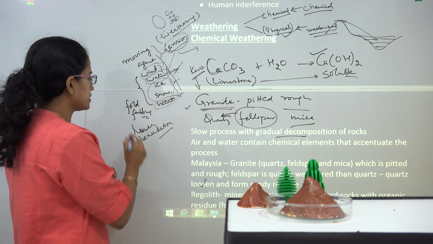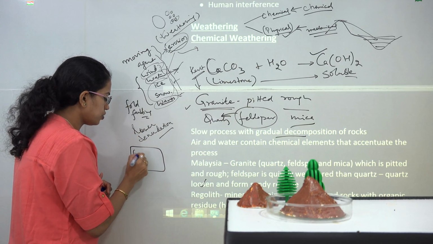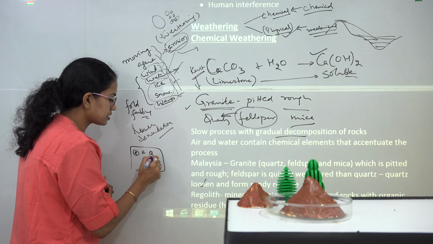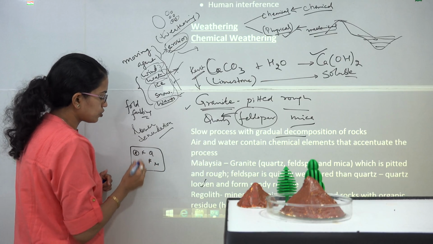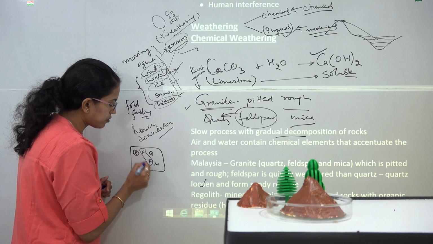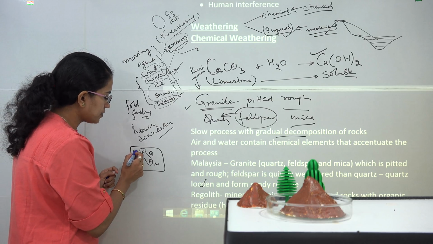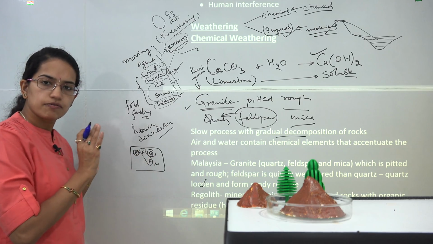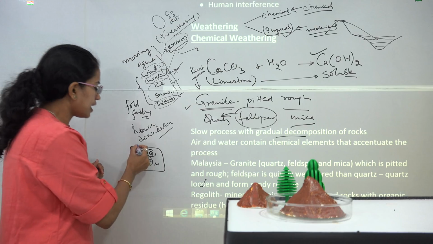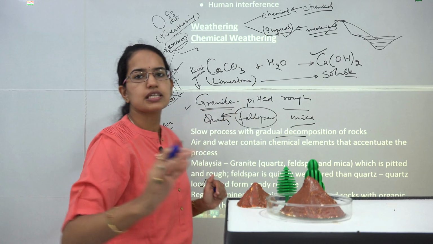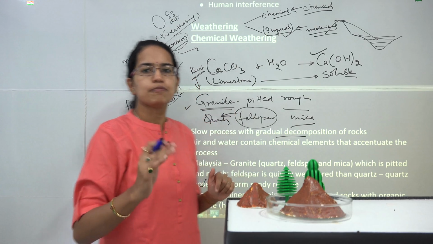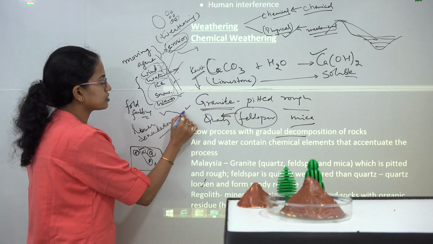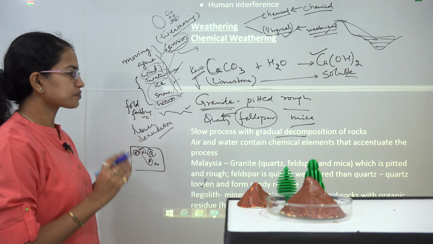So what happens within the structure of the granite? You have quartz, feldspar, mica. The regions of the feldspar would weather away, and the quartz would weather at a slower pace. Therefore, the granite topography is seen as rough and pitted. Pitted means you would see small depressions or holes throughout the region.